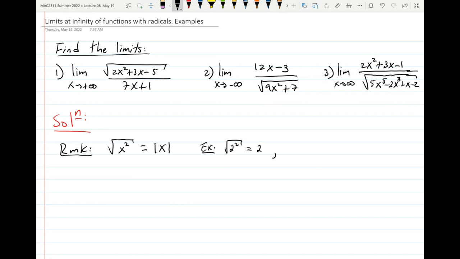But imagine that you did it without the absolute values in general. What if you have this problem? How do you evaluate this? If you blindly just cancel the square root with the square, then you will write this. But if you write negative 2, then you are in trouble because once again, the square root of something cannot be negative.